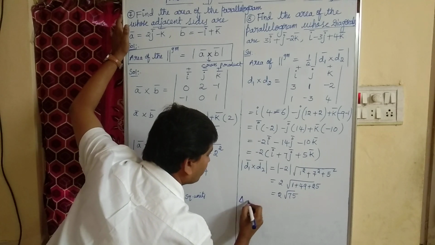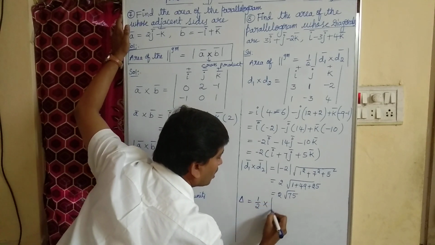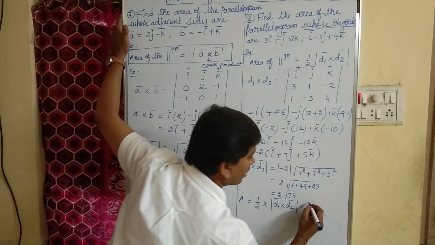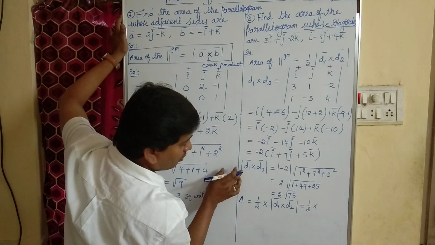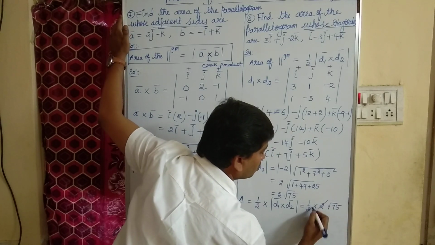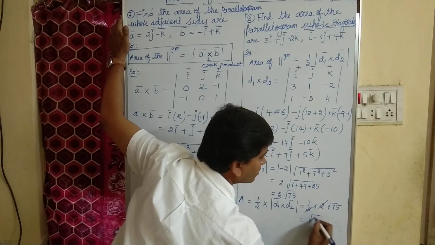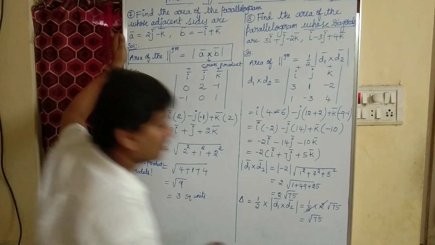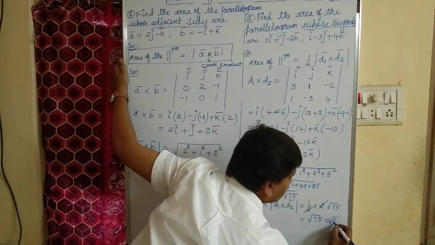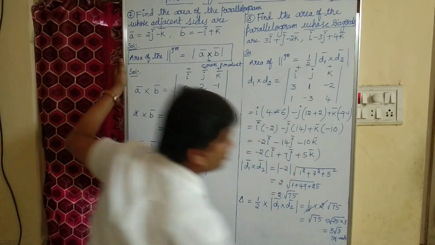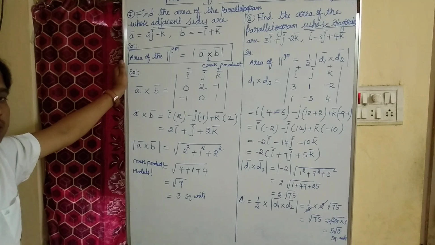So the area equals half into the modulus of d1 bar cross d2 bar, that is 1 by 2 into 2 into the square root of 75. So 2 gets cancelled, leaving the square root of 75. We can write 75 as 25 threes. So root of 25 into 3, root 25 is 5, root 3, square units. So the area of the parallelogram is 5 root 3 square units.